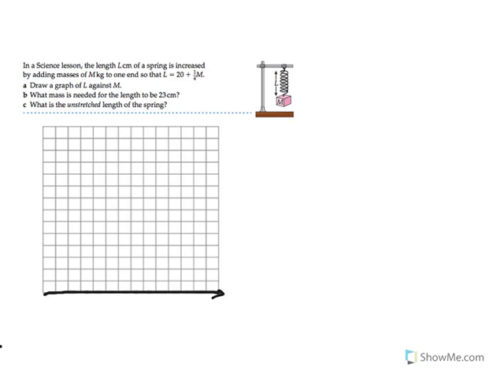Allow yourself, given whatever space you have, make it work. So since I used up to 12, I'll make each one equal to 1. 1, 2, 3, 4, 5, 6, 7, 8, 9, 10, 11, 12.